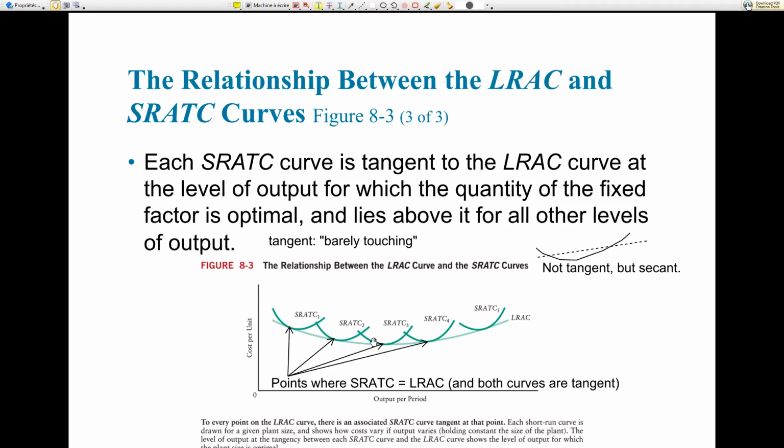And it's not going to be tangent when I want to use too few workers or too many workers for the amount of machines I have. But if I'm happy with the choice I made 10 years ago in terms of size of restaurants or size of firm, then I'm not changing anything, and then the two curves touch.